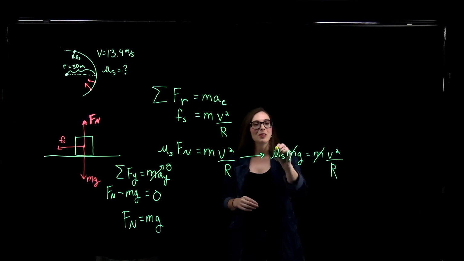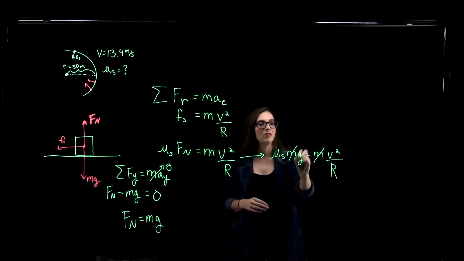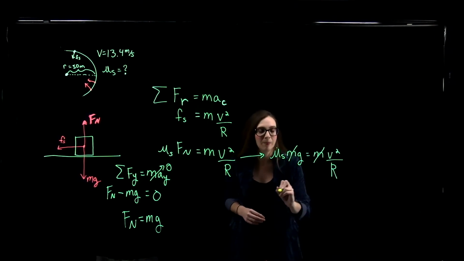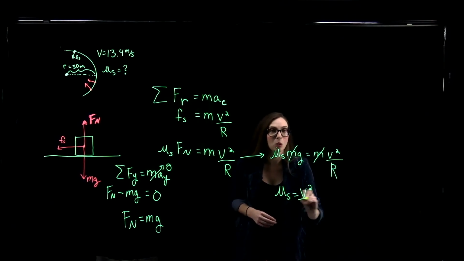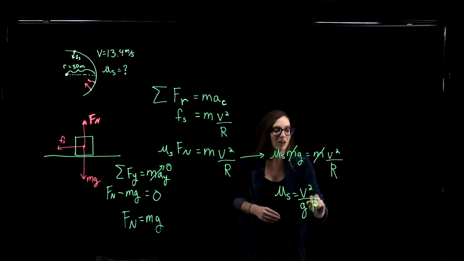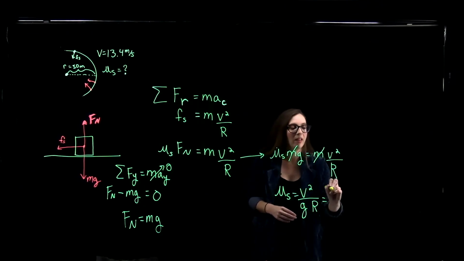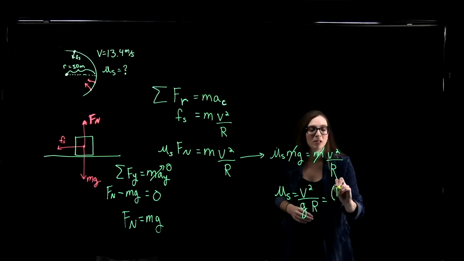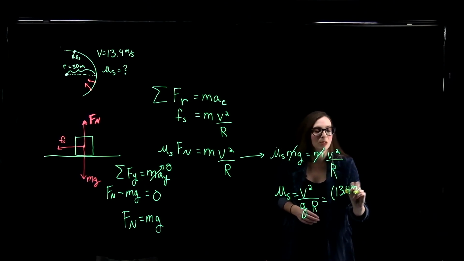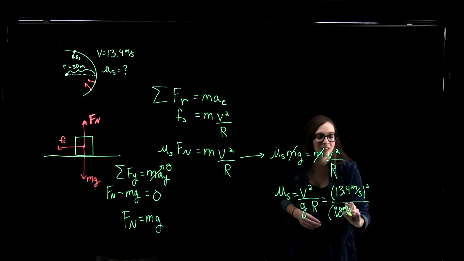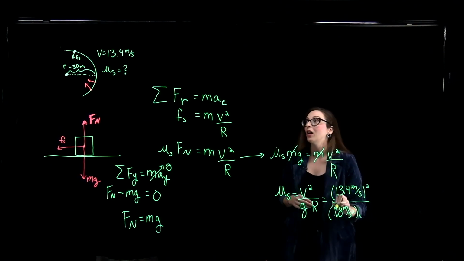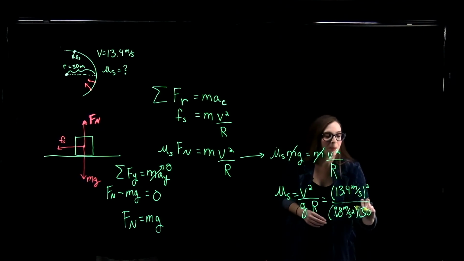Okay, so we're looking for a coefficient of static friction. We divide both sides by g. So the coefficient of static friction is equal to our velocity squared over the acceleration due to gravity times the radius of our curve. Okay, so then that equals 13.4 meters per second, squared, divided by 9.8 meters per second squared times the radius of our curve, which is 50 meters.